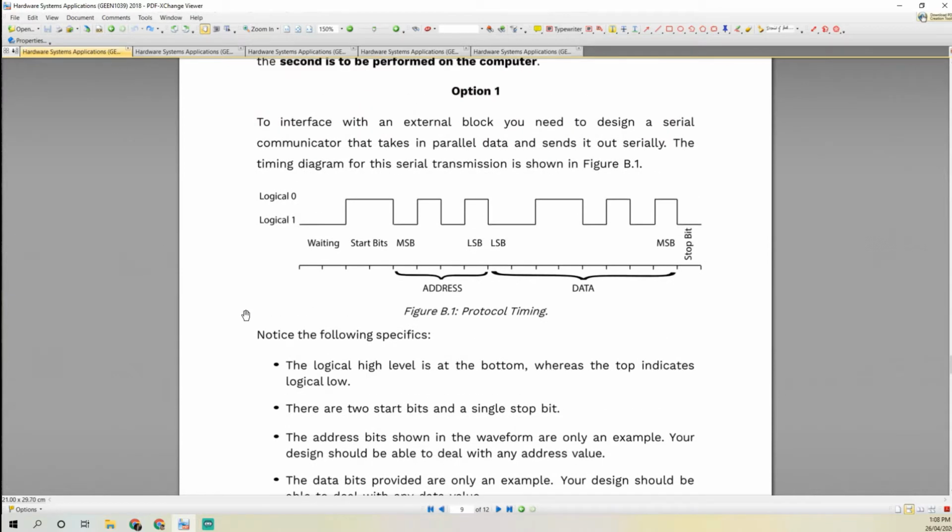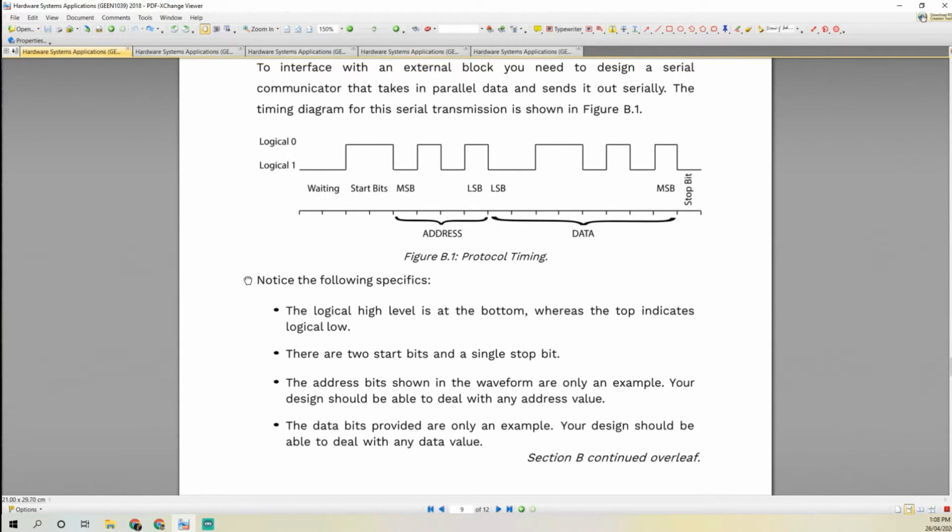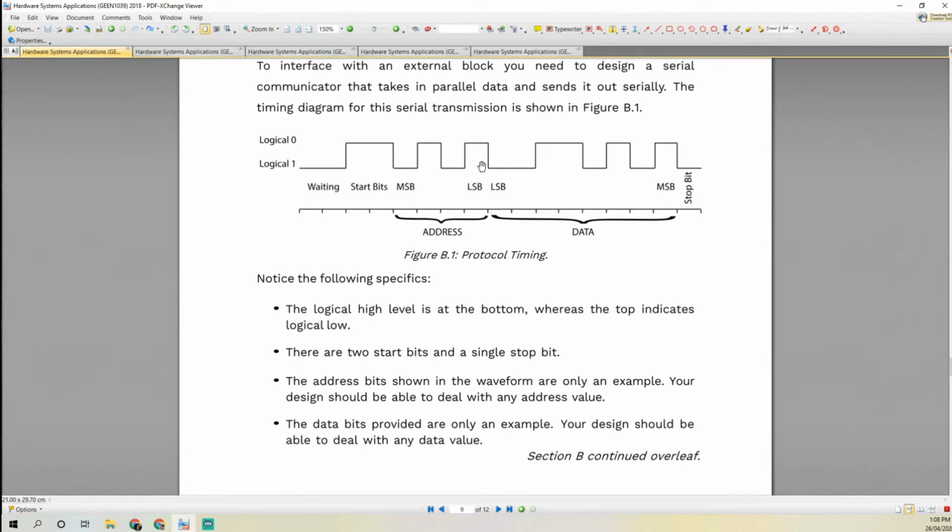So we have to determine this by using our knowledge of serial communicators. By that, I mean we're just going to think about what I just talked about, and we are going to look at the timing diagram here to help us figure that out some more. Okay?